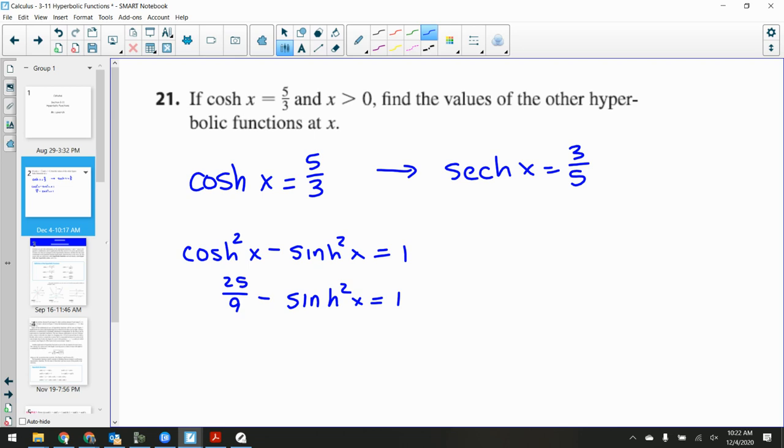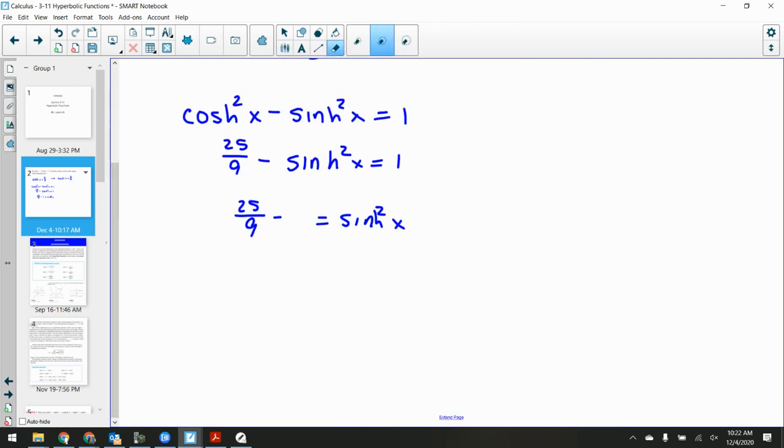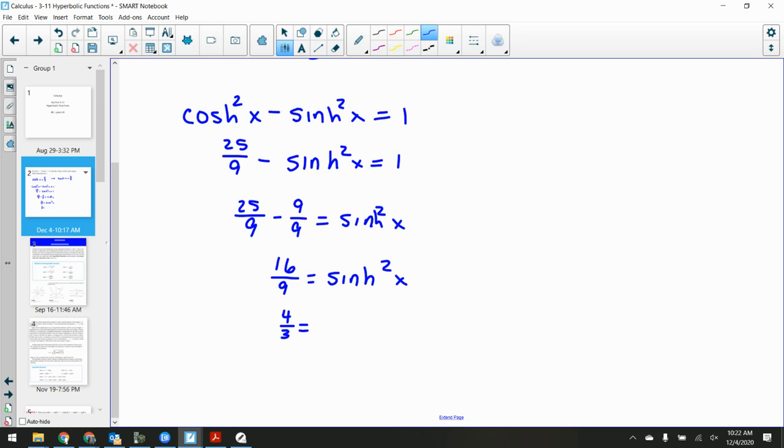We just add over and then subtract. 25 over 9 minus 1 is equal to hyperbolic sine squared of x. Okay, so if I want to make this 1 in terms of ninths, that's 9 ninths. So 25 minus 9 is 16 ninths is equal to hyperbolic sine squared of x. So I square root the other side. 4/3 is equal to hyperbolic sine of x.